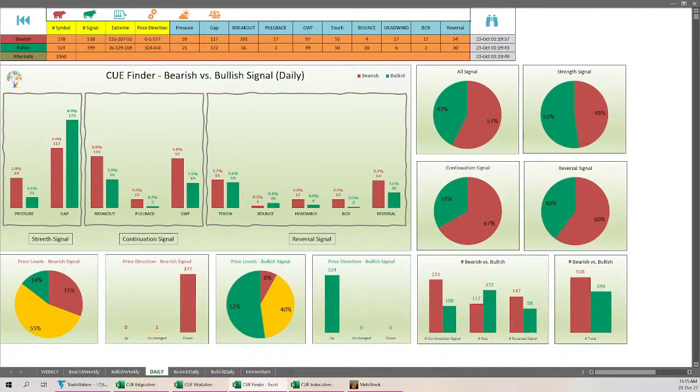And if we see Friday's technical breadth daily interval, then we see that though sector industry stock advance decline was bullish in Q edge, Q finder's technical breadth was actually bearish. 57% bearish on Friday, trend continuation 67% bearish, reversal 60% bearish, strength signal 52% bullish, balanced you may say.